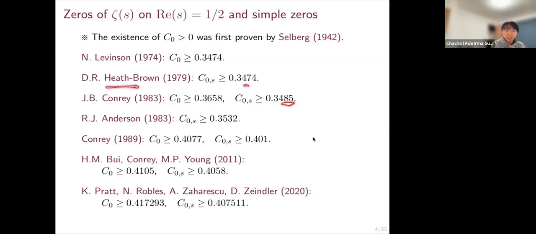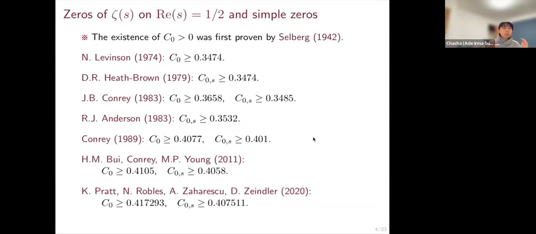You see that the decimals here get slightly bigger. But for simple critical zeros, they were still below 35%. Then Anderson quite soon proved the combination of zeros being critical and simple to be over 35%.